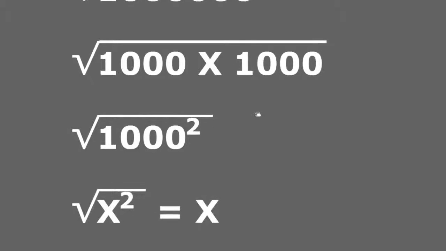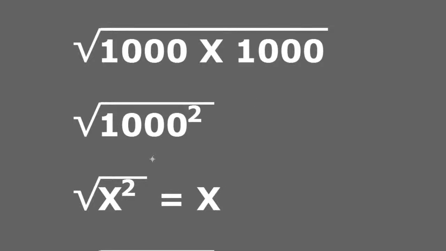And when you have a number in the radicand, a number inside of the radical sign, with an exponent, where the exponent is the same number as the grade of the root, remember that a square root is a root of grade 2. So I have a root of grade 2 and a number or a variable with exponent 2.